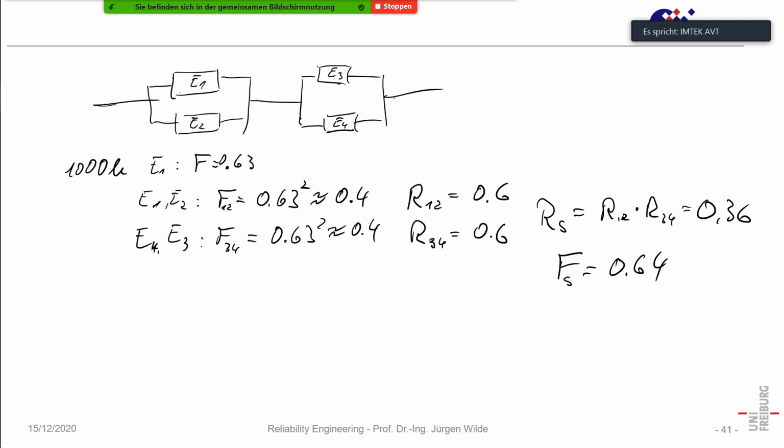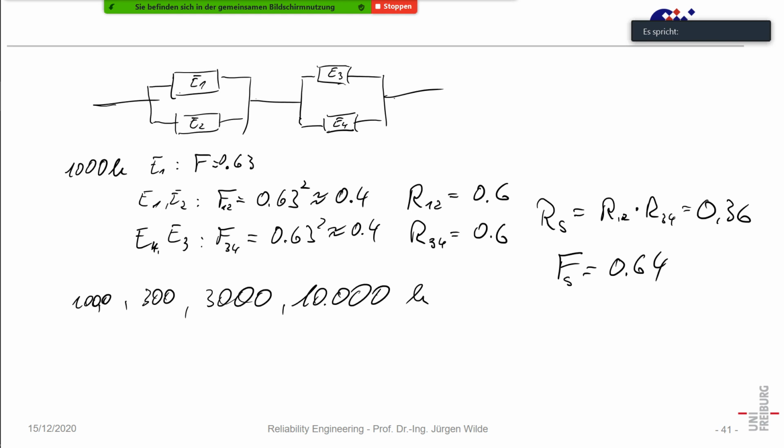Of course, the question was, you solve it for other times like 100, 300, 3,000 and 10,000 hours. Maybe the best is you do it in Excel, and in that way you can get the failure function over time for all 4 cases we have seen here.